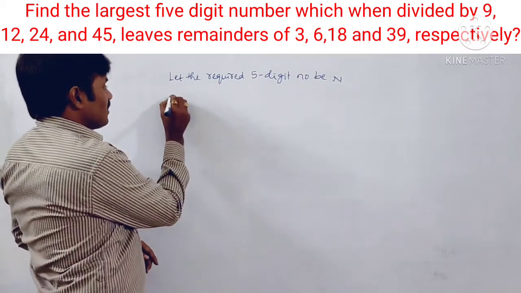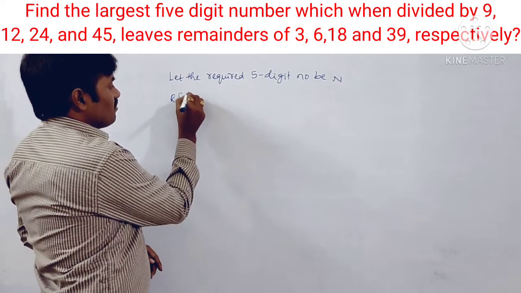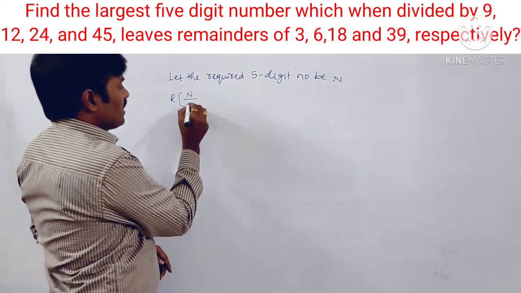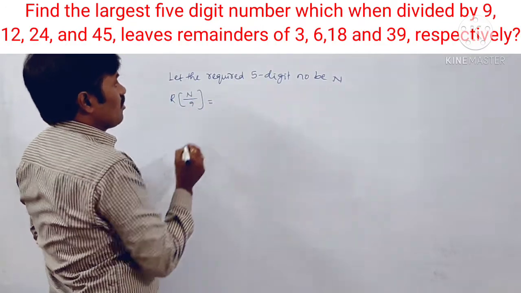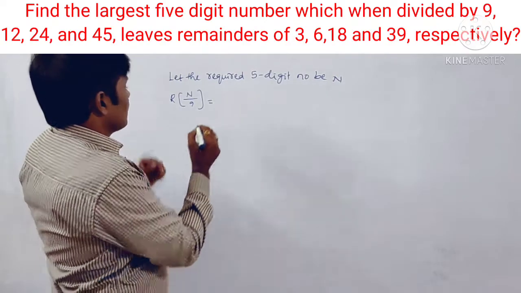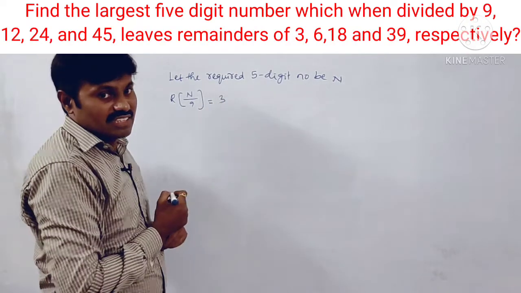So what is the remainder? When capital N is divided by 9, how much is it leaving? 3. It is leaving 3.